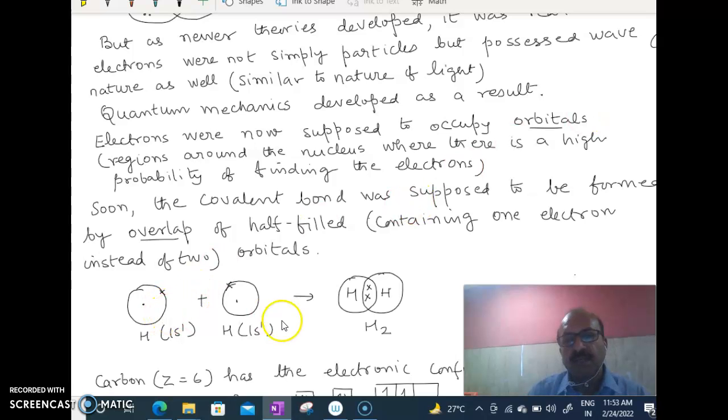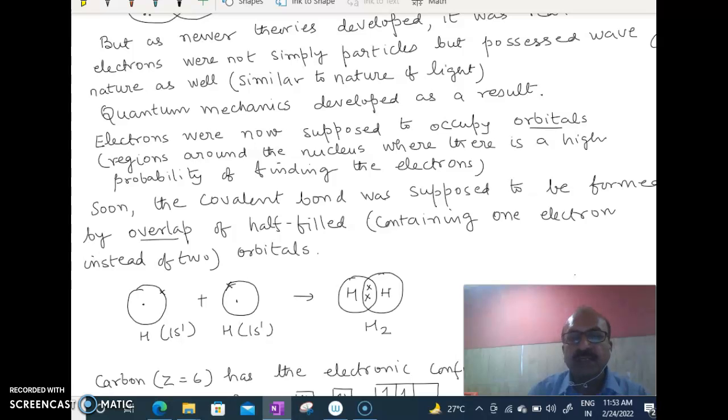Now take this example where an electron pair is shared between the 2 hydrogen atoms to form a covalent bond. We say that the s orbitals, which are spherical in shape, each possess in hydrogen 1 electron, so each is half filled. And when 2 hydrogen atoms come together, the orbitals overlap, which results in the sharing of the electron pair and hence a covalent bond gets formed.